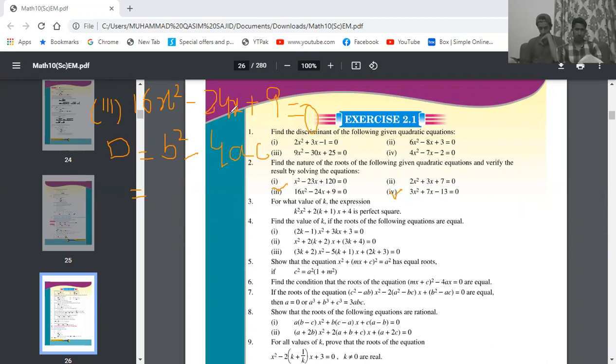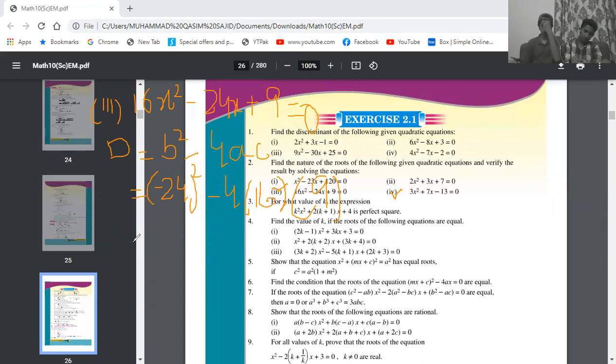So what will be the discriminant? b is minus 24, so it must be minus 24 whole square minus 4. The value of a is 16 and c is 9.